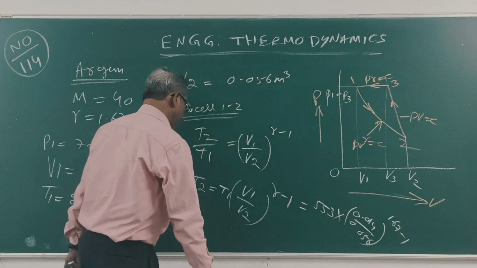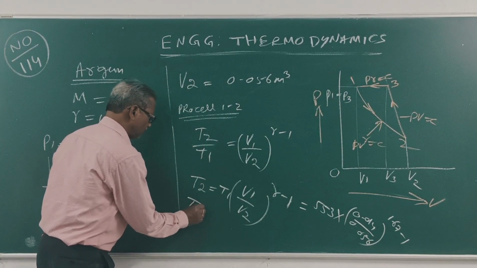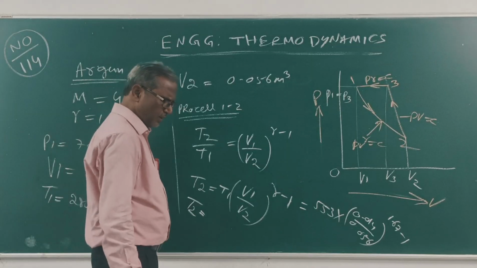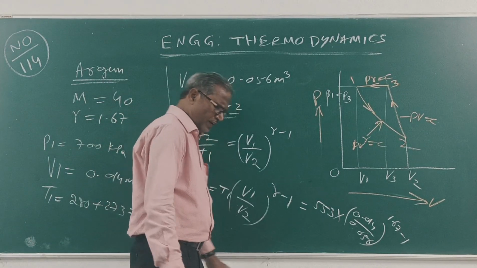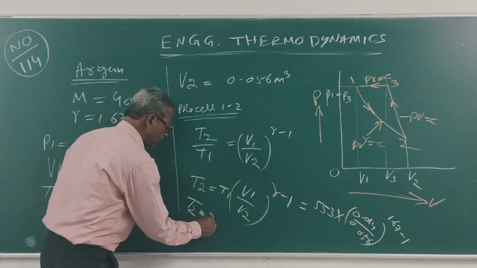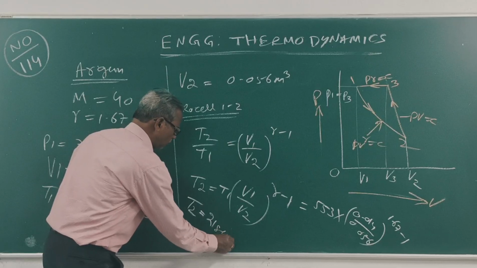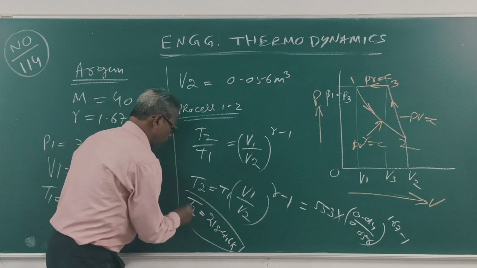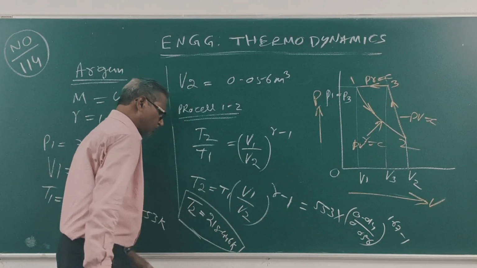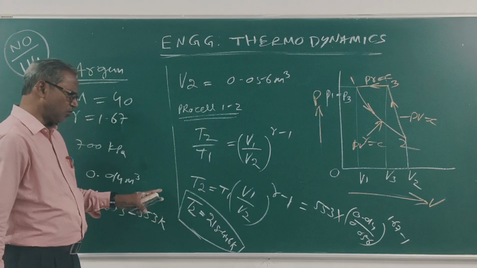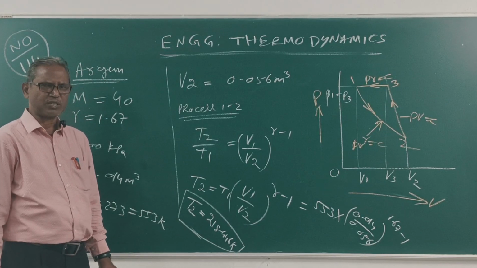This is T2. Clear? T2 is equal to 218.446 Kelvin. Use a calculator and solve this.